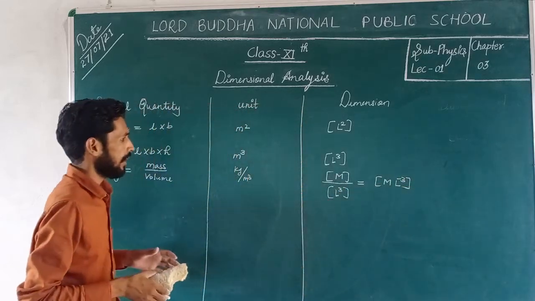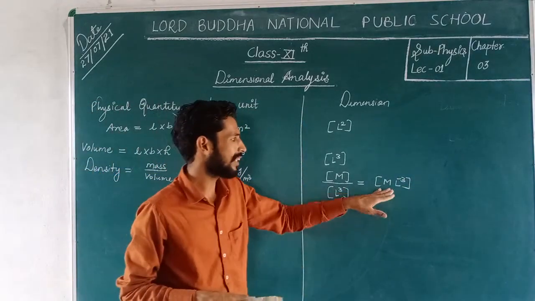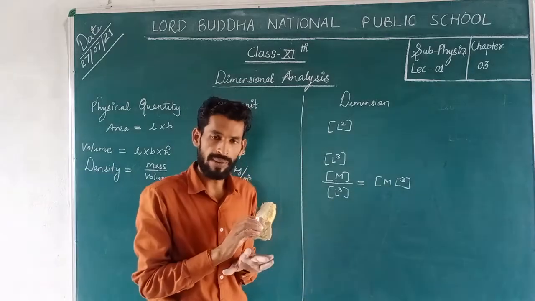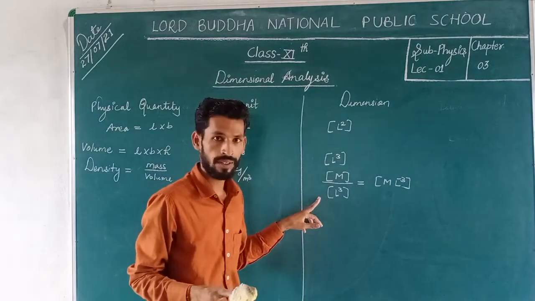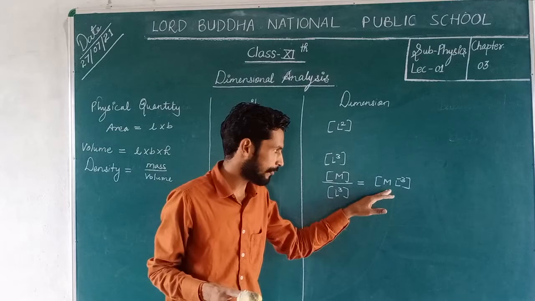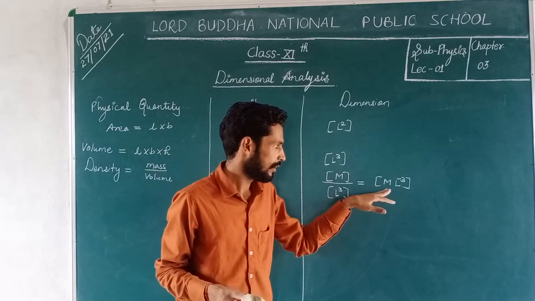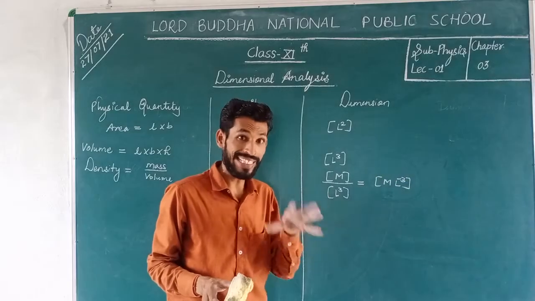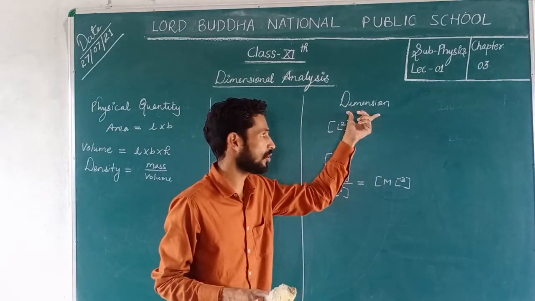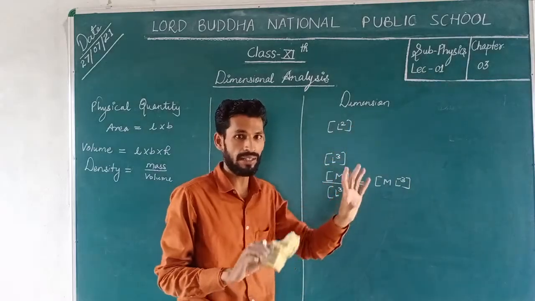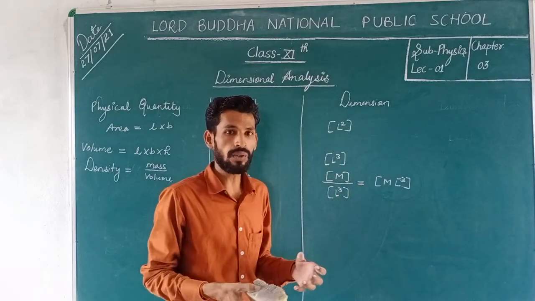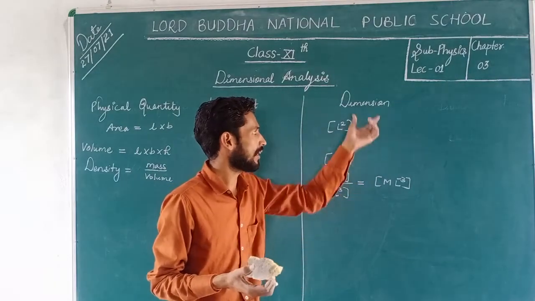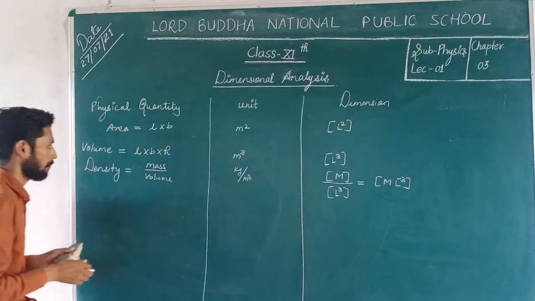Okay, and this is the method to write the dimension. We will never write in this form, always simplify that form, and then the final easiest term and easiest form, that will be the solution for the dimension, and that will be the right way to represent the dimension of that physical quantity.